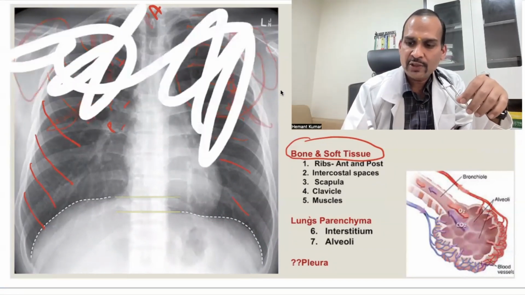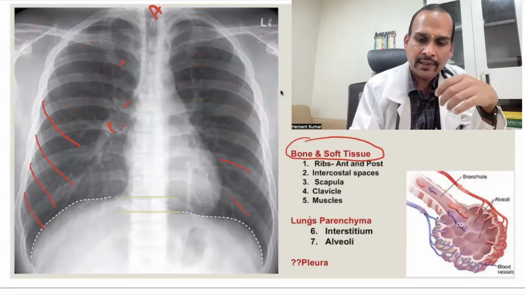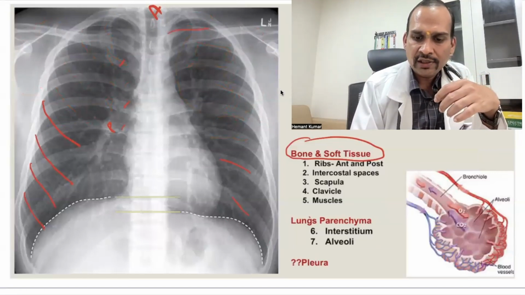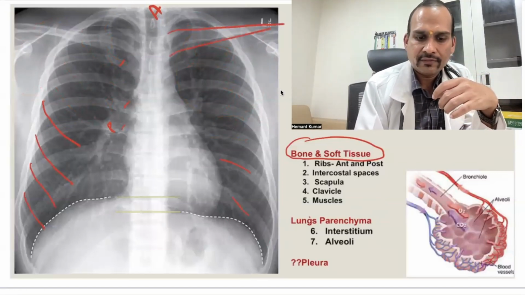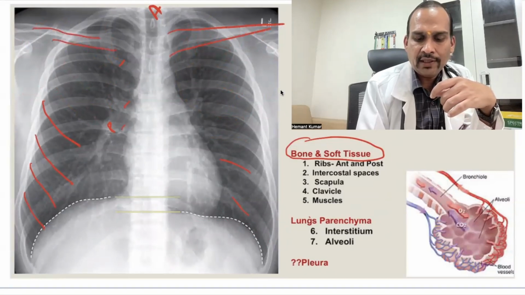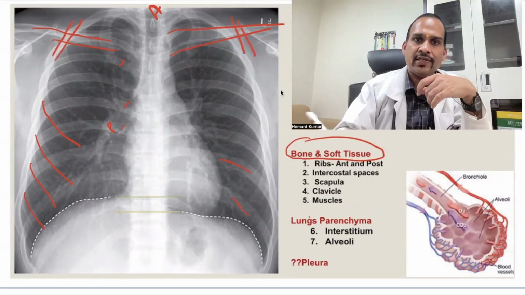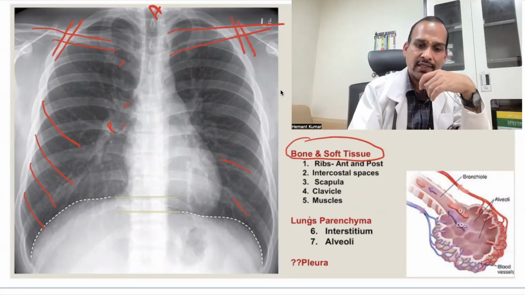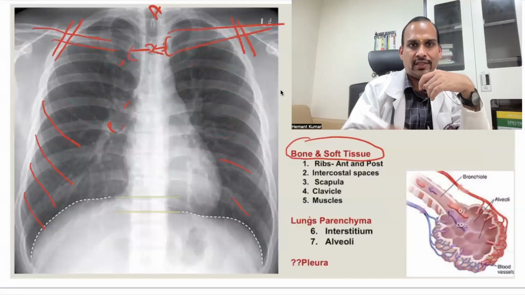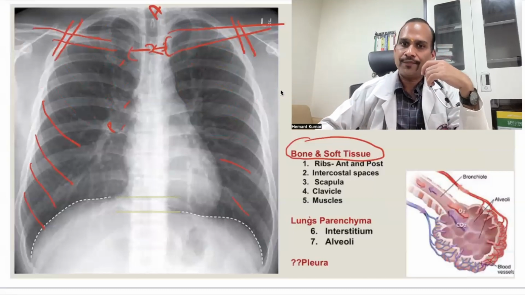I told you about the spinoclavicular junction. So this is the clavicle. What is the significance of the clavicle? One is we can see if there is any fracture, in trauma. Another is the spinoclavicular distance to see rotation, as I discussed earlier.